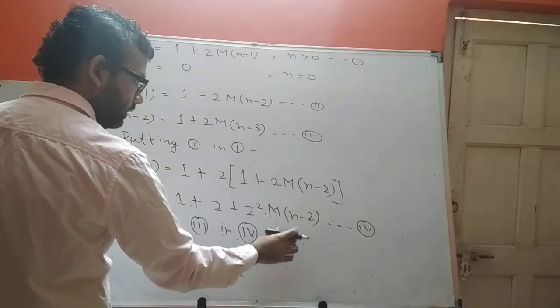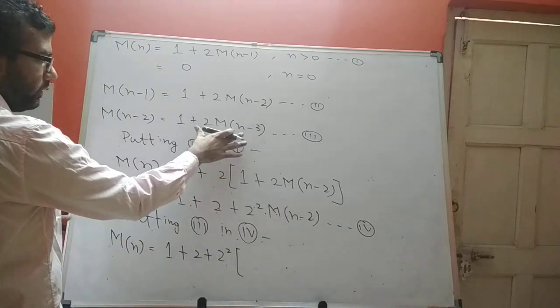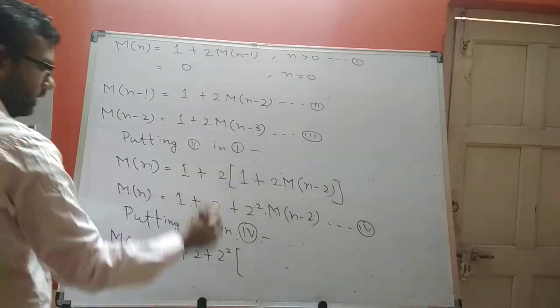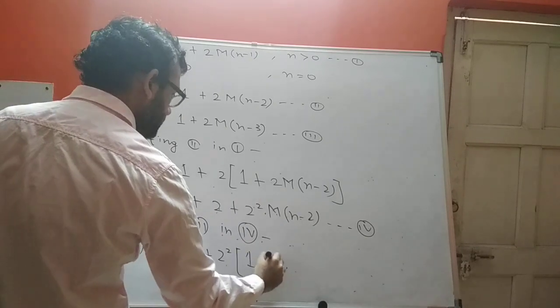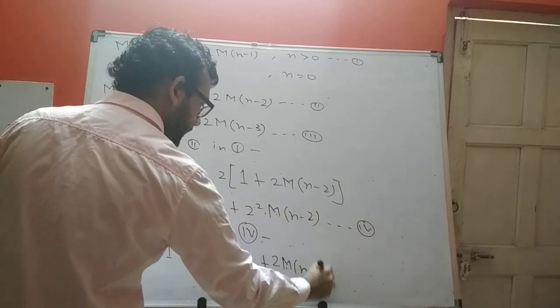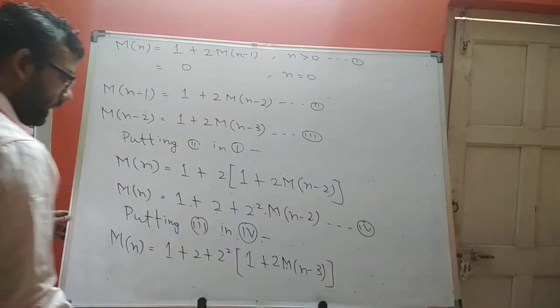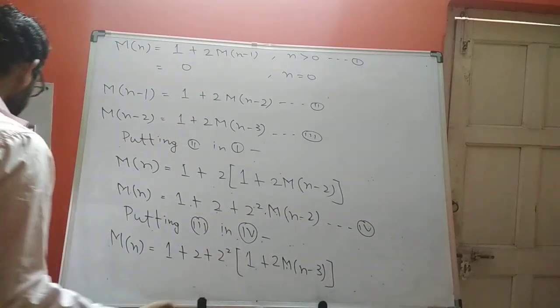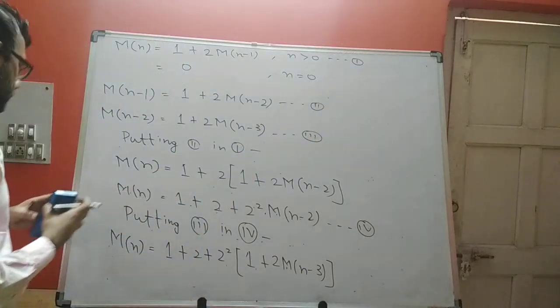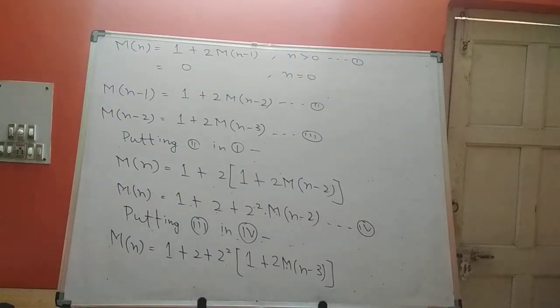Now, in place of m of n minus 2, I'll substitute this entire thing, and I'll get 1 plus 2 into m of n minus 3. Now, if I expand this, what will I get? What I would suggest you to do is, please copy down this part, and I'll erase the board and move on to the further equations.